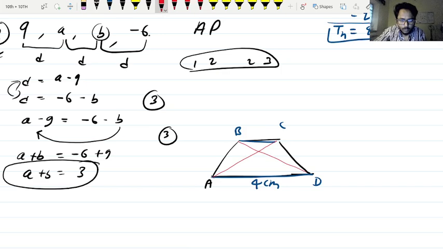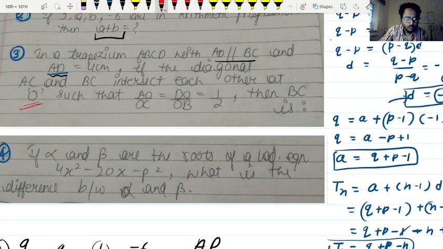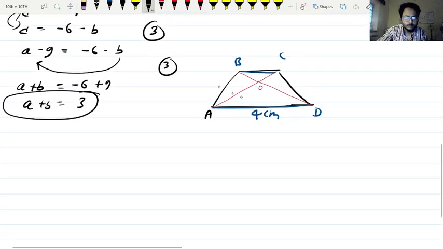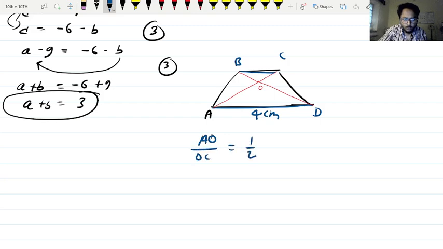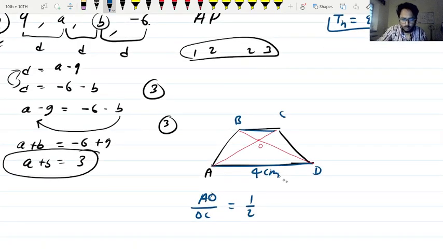These are the diagonals, and this is O. It has been mentioned that they intersect each other at O, such that AO upon OC equals 1 upon 2, and second, DO upon OB is also equal to 1 upon 2.